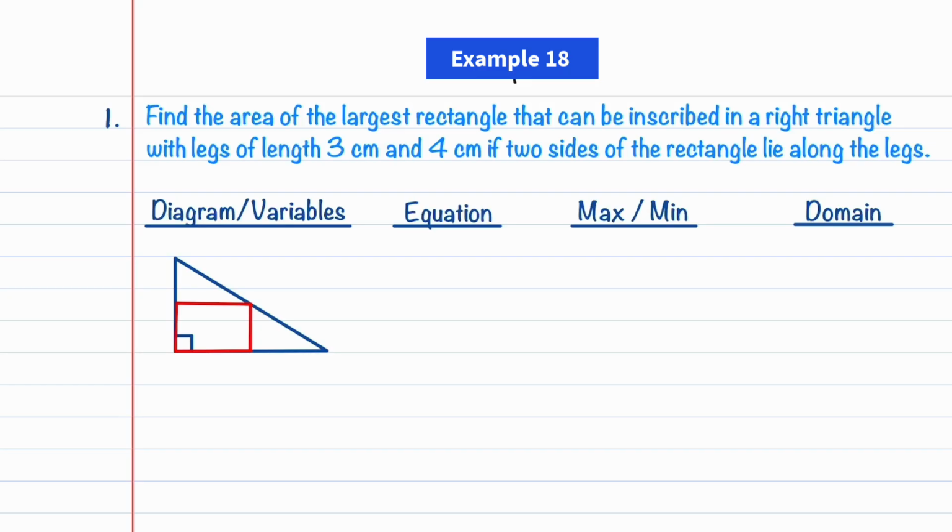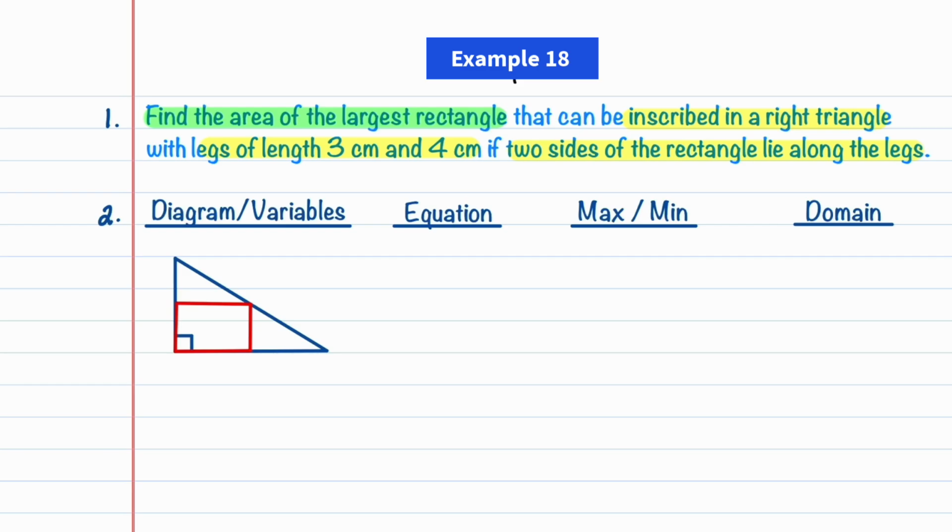Our problem tells us that we are to find the area of the largest rectangle that can be inscribed in a right triangle with legs of length 3 centimeters and 4 centimeters if two sides of the rectangle lie along the legs. What we want to do now is fill in all 4 of these categories that I've listed here.